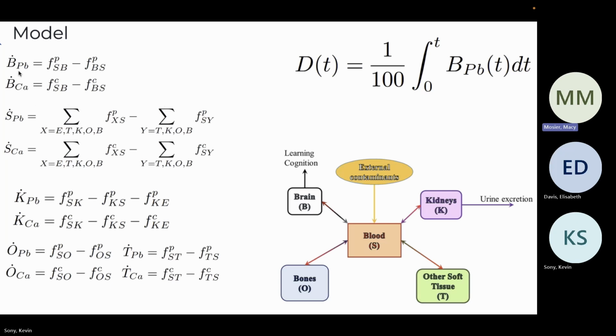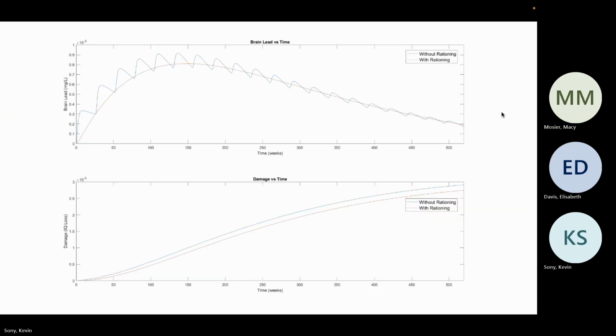An addition we make to the original model is this damage function, which is the accumulation of damage over time, and at each point in time it's proportional to the concentration of lead in the brain.